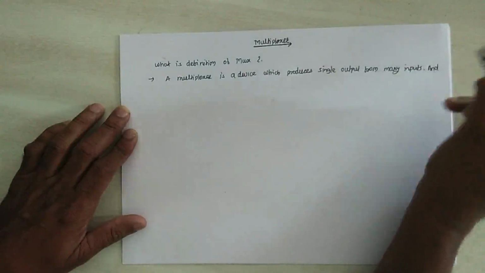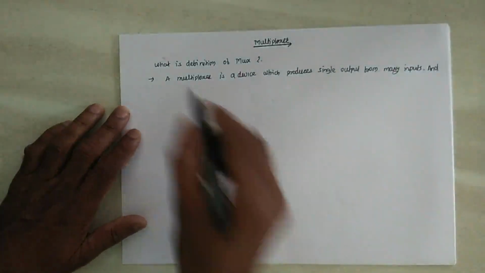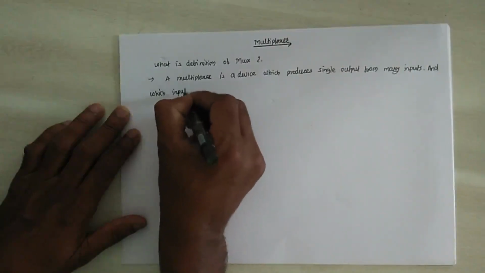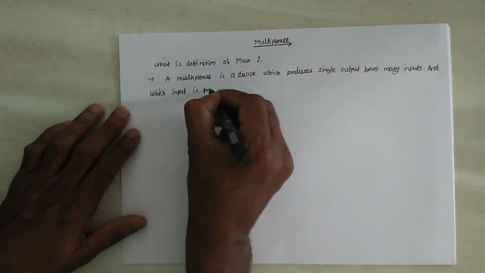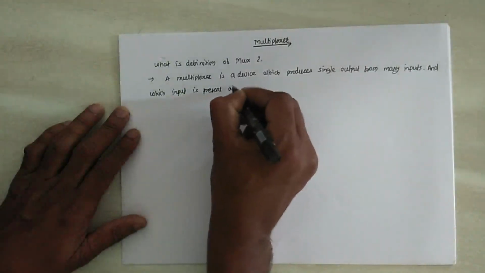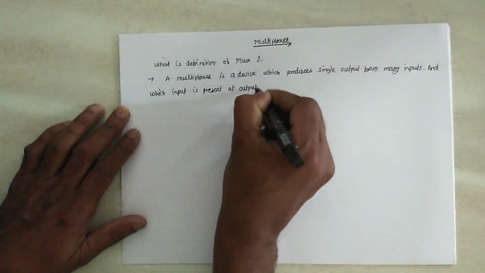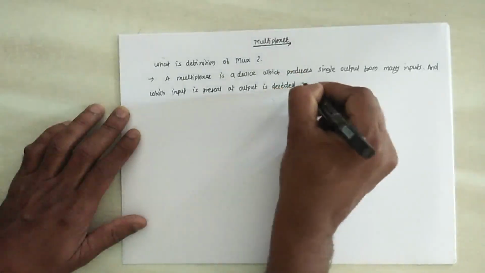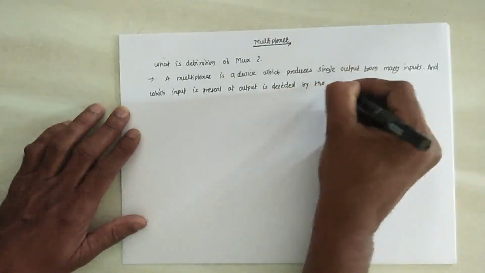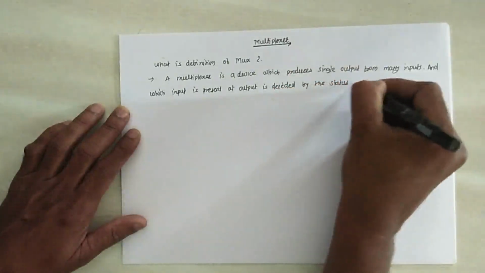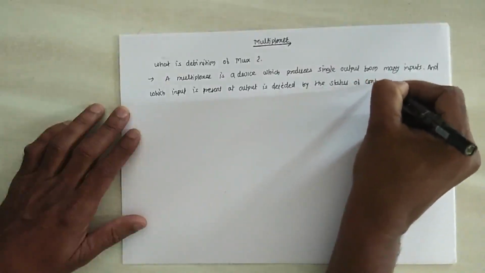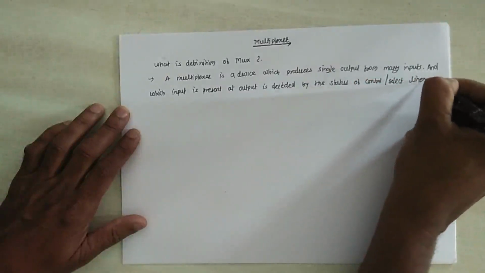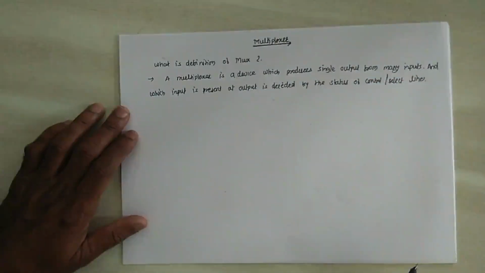And one more sentence we have to add: which input is present at the output is decided by the status of the control or select line. This is the definition of the multiplexer.